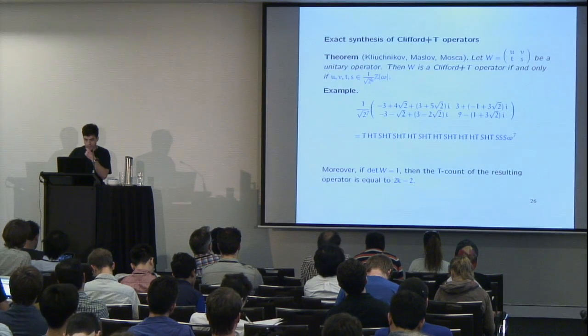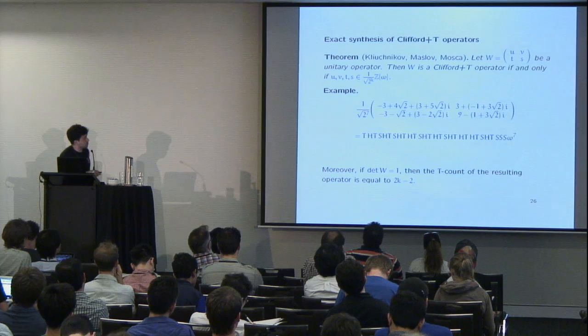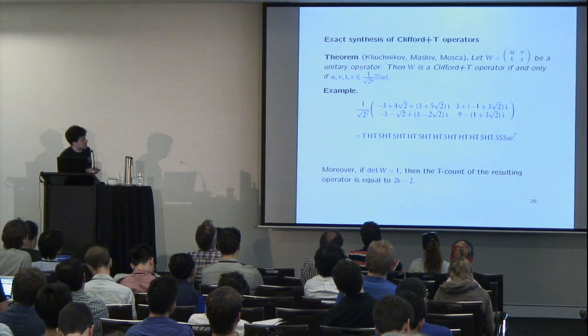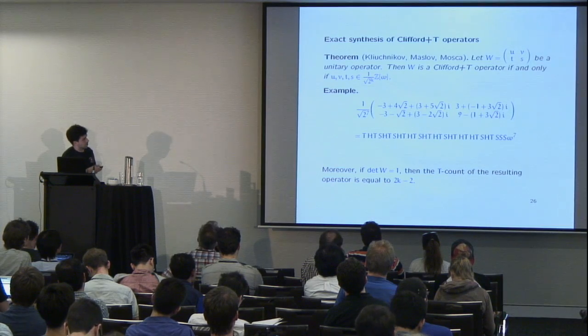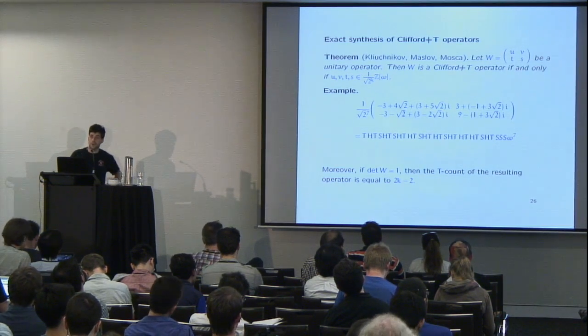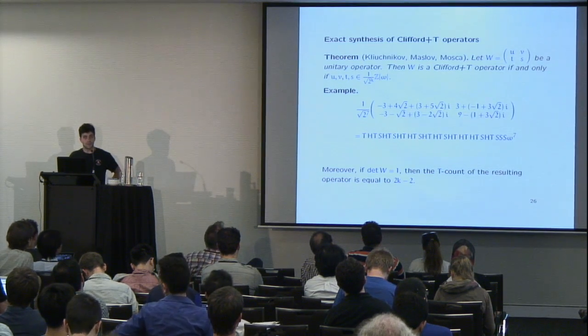Another one that's also really important for us is the paper by Kliuchnikov, Maslov, and Mosca. I think this is the same one that I was talking about earlier. In that paper, they solve the problem of exact synthesis for Clifford+T operators.